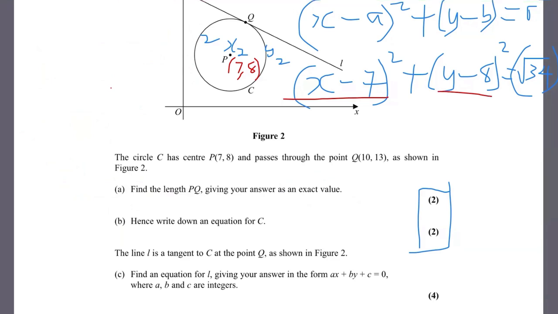Because we want to leave the equation of the circle in the form x squared plus y squared plus gx plus fy plus c equal to 0, right? Your equation must always be in this form. Is that okay? Okay.